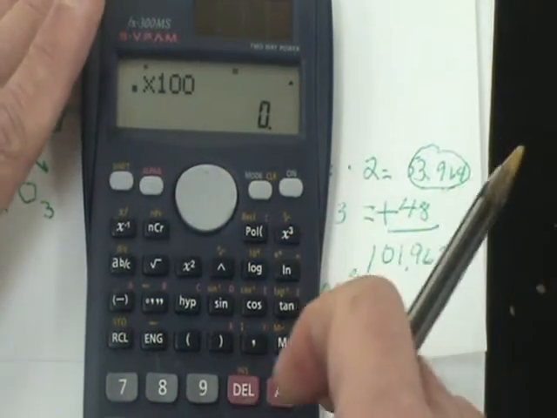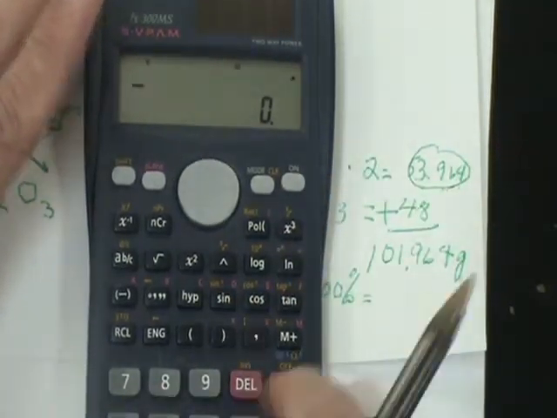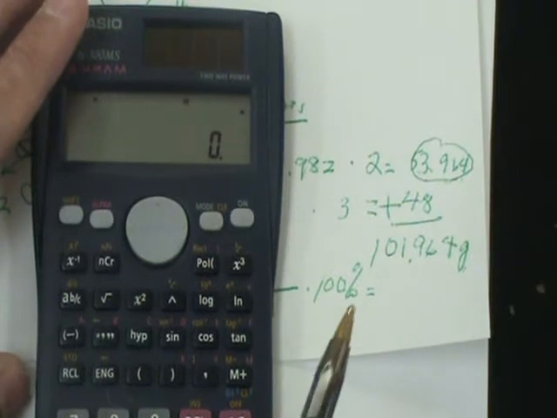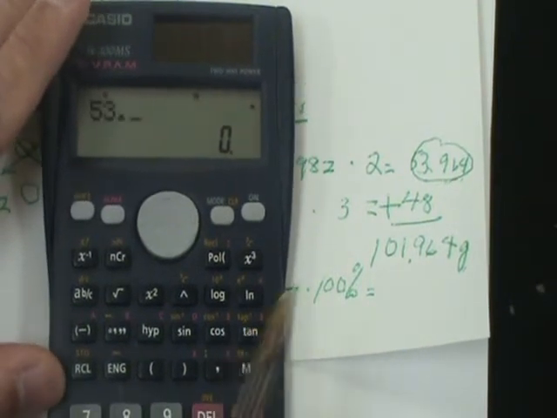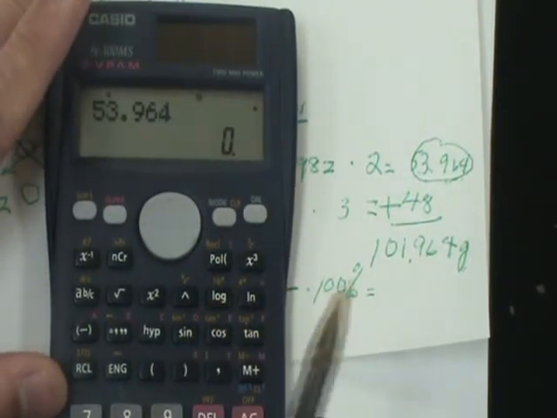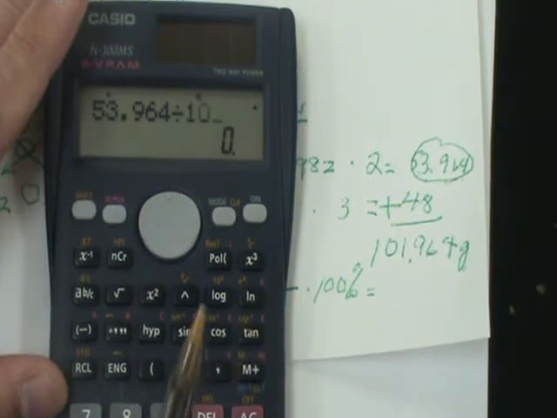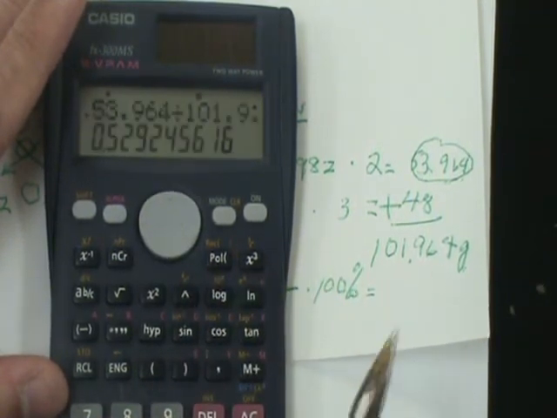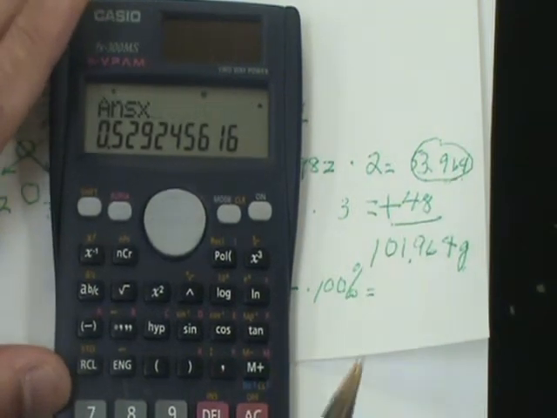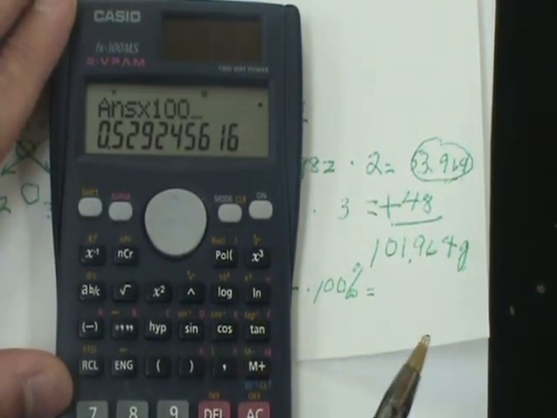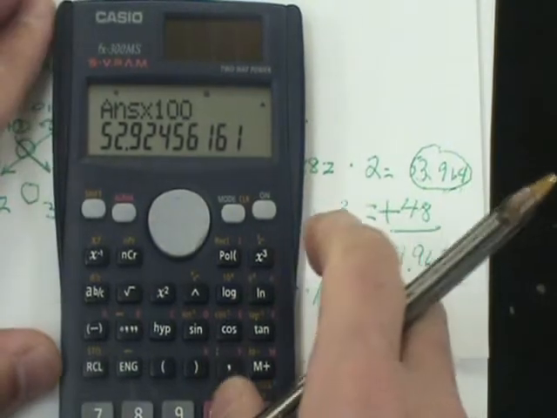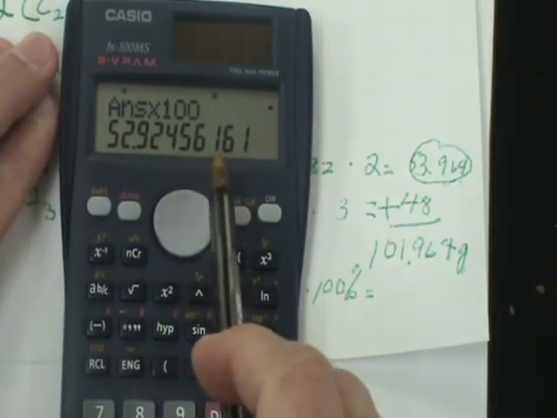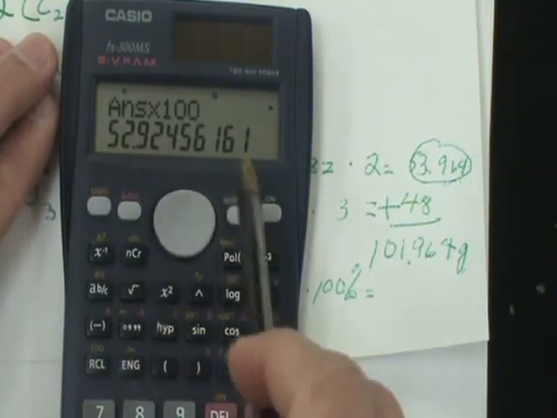Sorry, I lost that, so let's put it here again. That was 53.964 divided by 101.964, and then you multiply that by 100. That gives us 52.924456161.